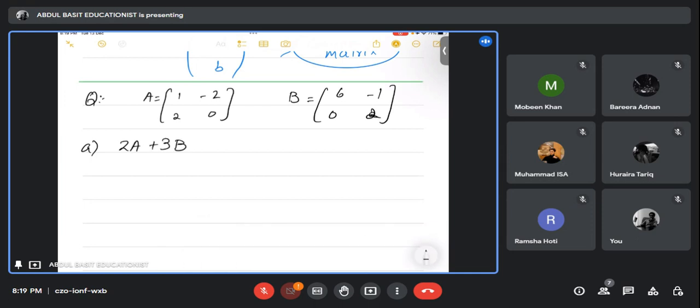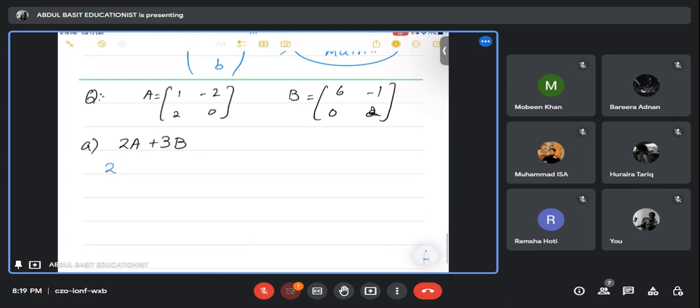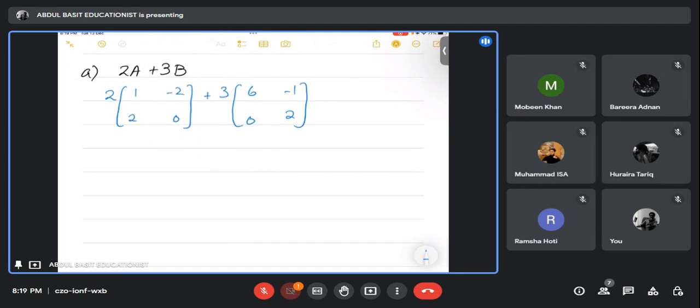That's the requirement. First of all, 2a means that you have to write 2 times matrix A, 1, 2, -2, 0, plus 3 times matrix 6, 0, 1, -1 and 2. So Isa, multiply करके बताएं क्या आएगा बेटा. Make it quick.